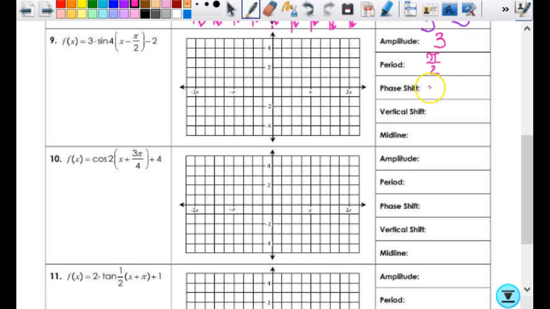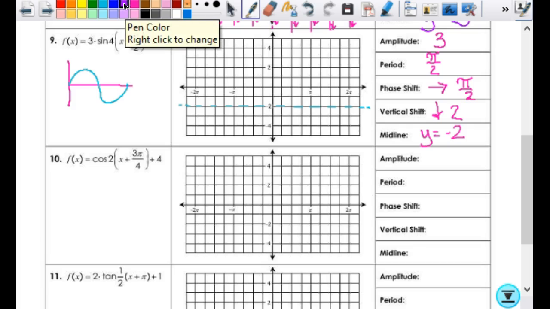We have a phase shift to the right, pi halves, and a vertical shift down 2, so y equals -2. All right. So this is sine, this is my parent function, and y equals -2 is my midline. I know, but different things happen every time.